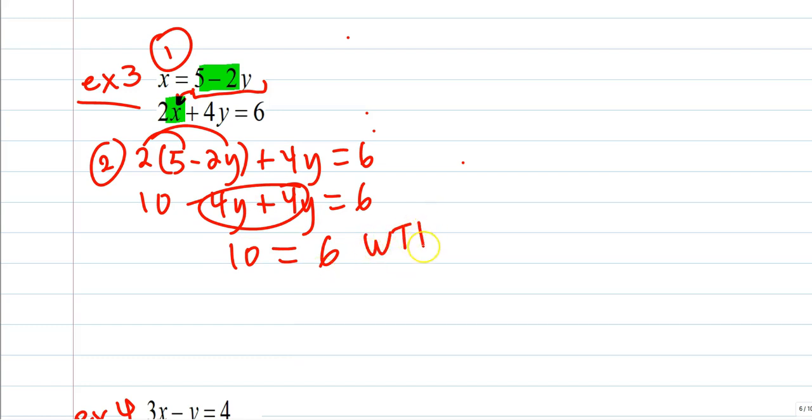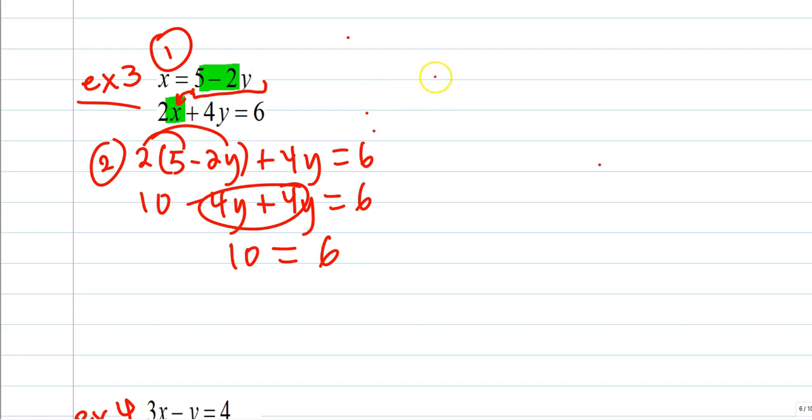What does this mean, right? How do I solve this? There's no y's left. How are we going to solve this? What do we do here, right? Okay. If you're not sure, we could verify this by graphing.